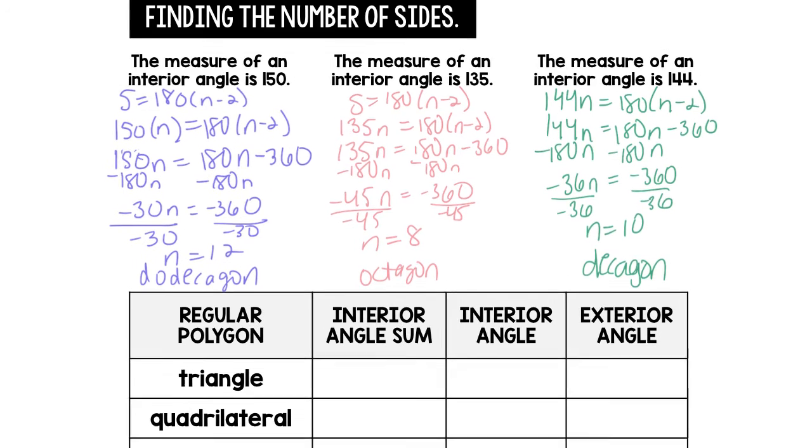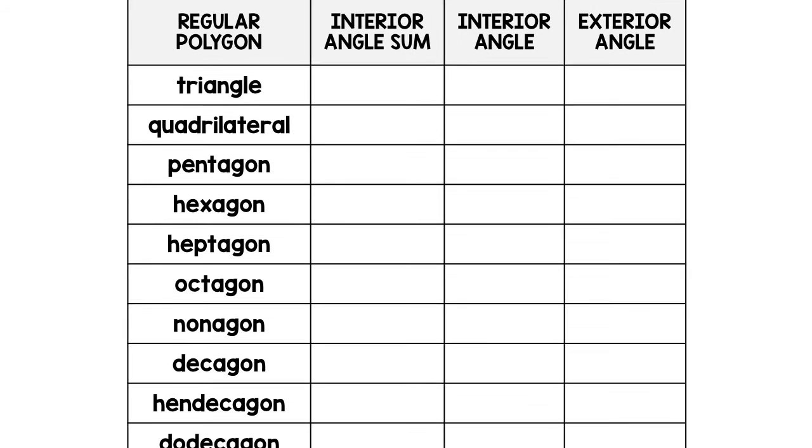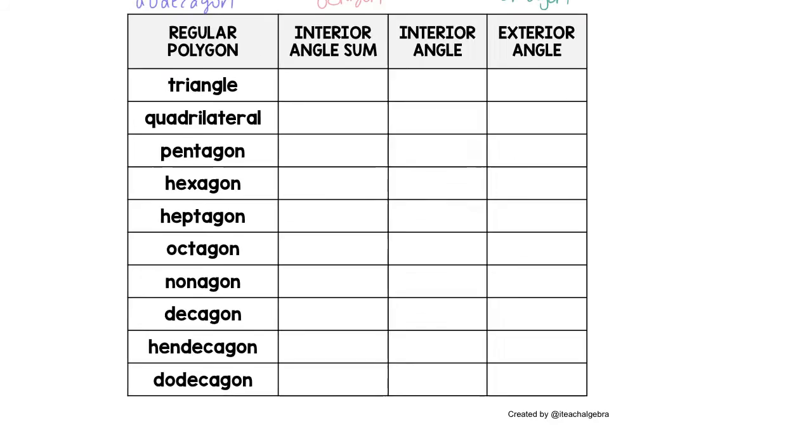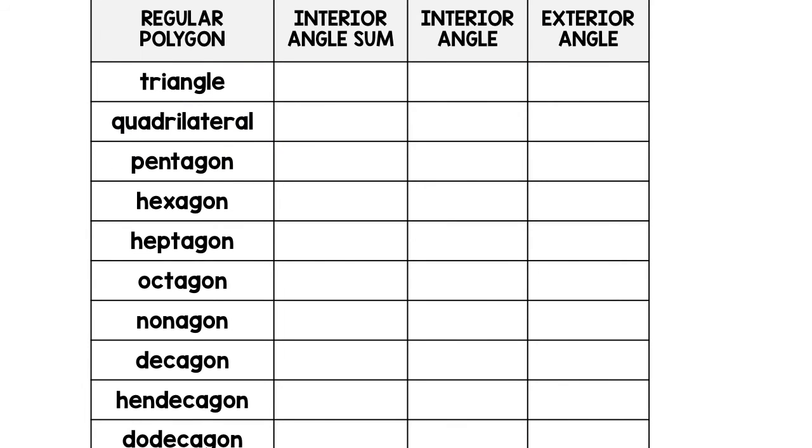Down here below, there's a giant table. Do not be afraid. And it gives us some information that we care about. Interior angle sum: triangles 180.